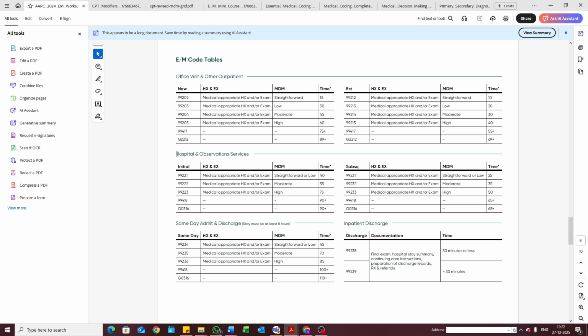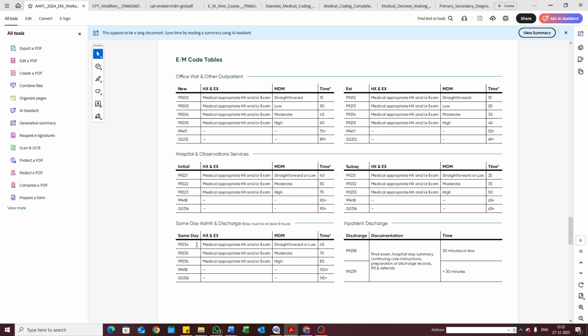Next part is hospital and observation services: 99221 initial, 99222, 99223, and 99418 prolonged. Subsequent 99231, 99232, 99233, 99418. Now same day admit and discharge must be at least 8 hours.